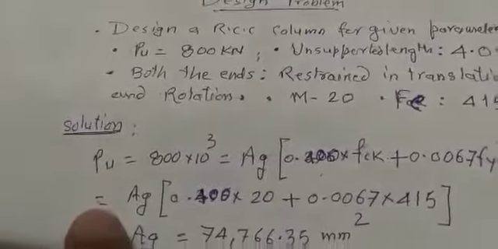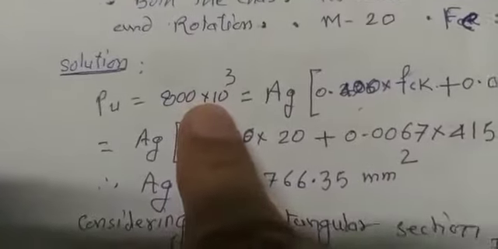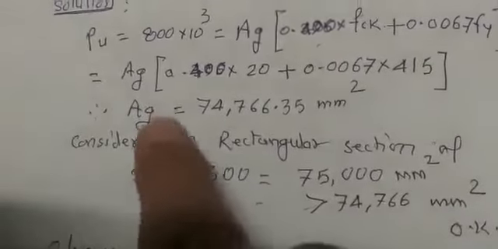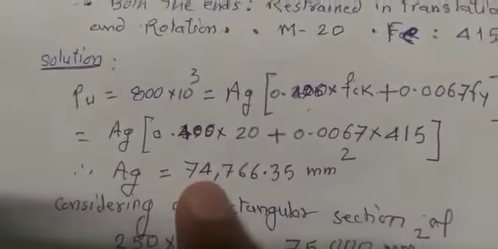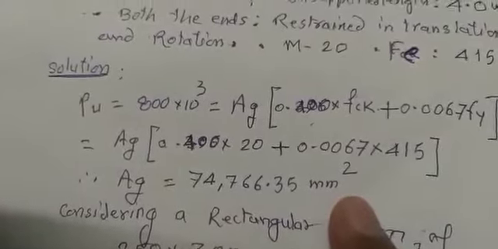Now substituting the values, Pu is taken as 800 into 10 to the power 3, converting kilonewton into newton. Considering 1% steel, we can straightaway find the gross area required as 74,766.35 mm square.